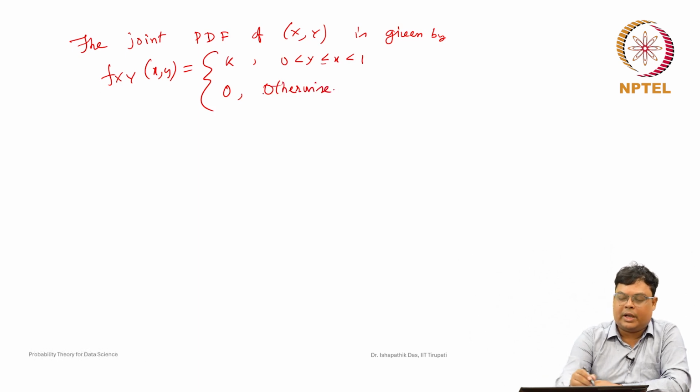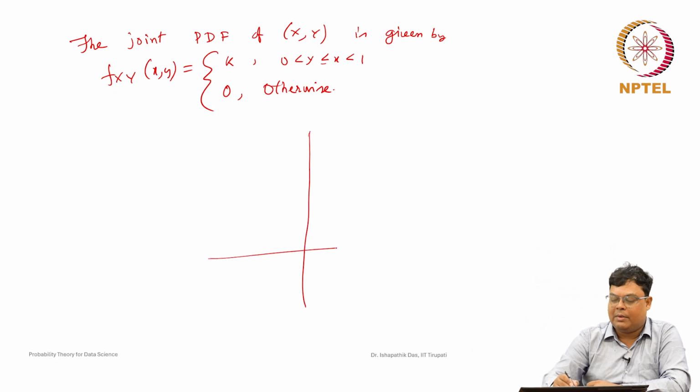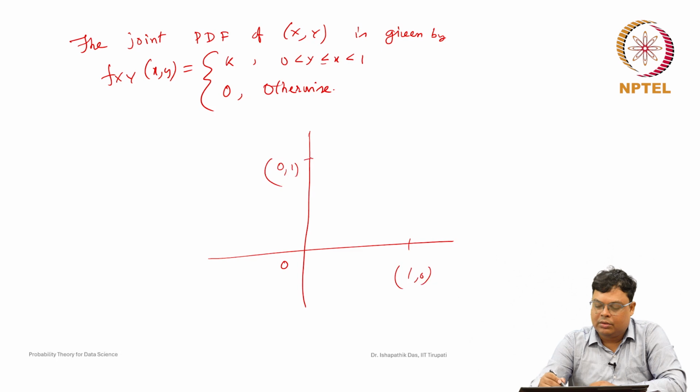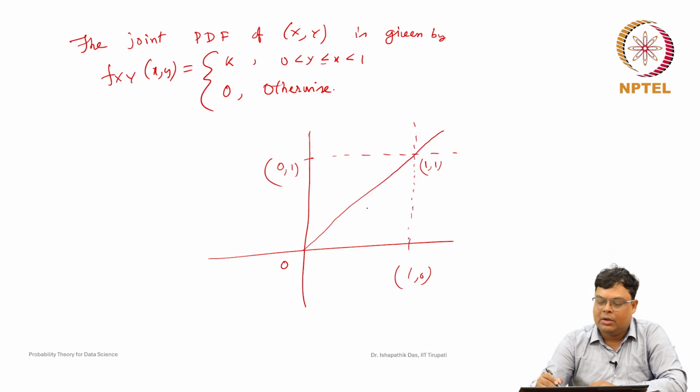So actually it is non-zero in the domain y less than or equal to x less than 1. If you draw the graph, suppose this is 0, this is 1, this is also 1, and this is the point (1,1). Now if you draw this line, this is the line y equal to x.